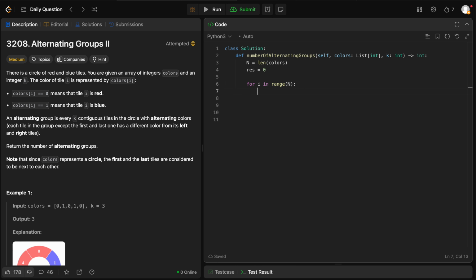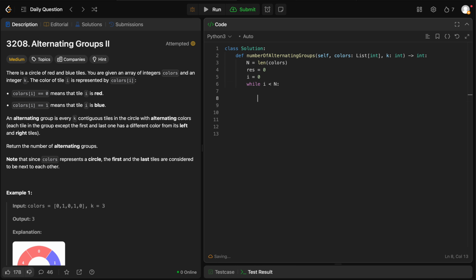So I'll have a window. i is the starting point while i is less than n, and i should be 0.